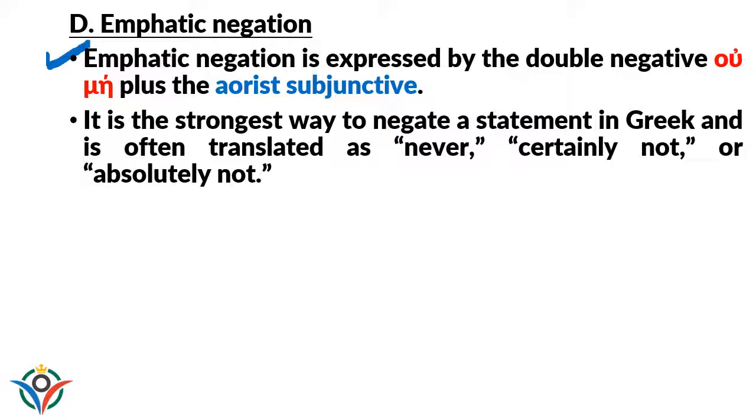But when they are used together in the same verse with an aorist subjunctive, then the author is using emphatic negation. In other words, it's the strongest way to say no in Greek. And it is often translated as never, certainly not, or absolutely not.